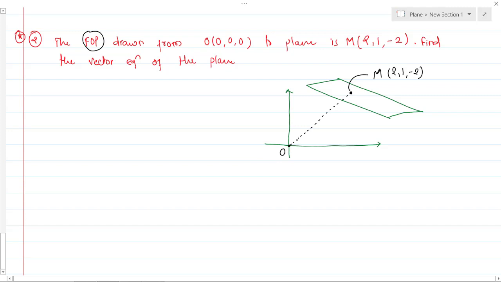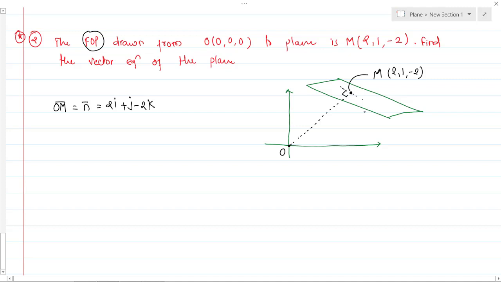Now tell me, if this is the foot of perpendicular, can I say this OM bar becomes my normal vector? M bar is nothing but 2i plus j minus 2k. This becomes the n bar, which is the normal vector to this plane.